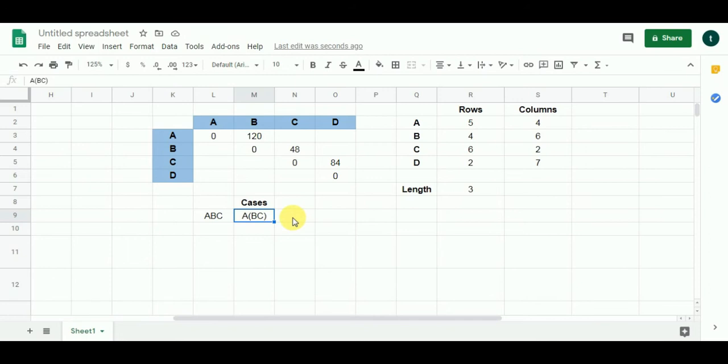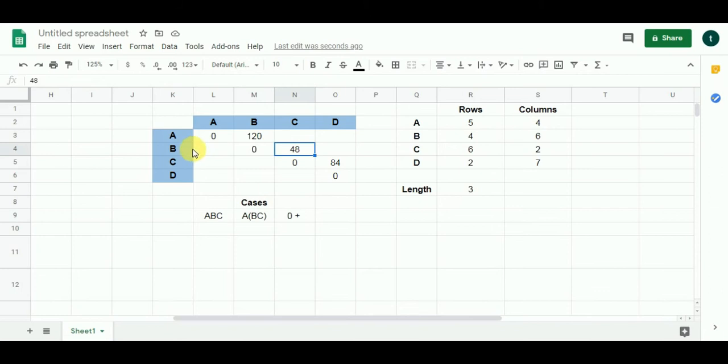Now we are going to calculate the cost of this particular case. It's going to be the cost of A first. What is the cost of A? It is 0. Cool. And then we are going to have the cost of BC. This is again a subproblem and its cost has already been calculated here.